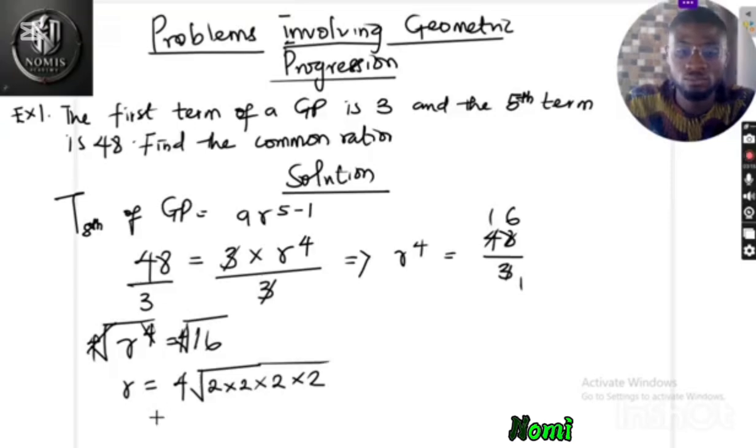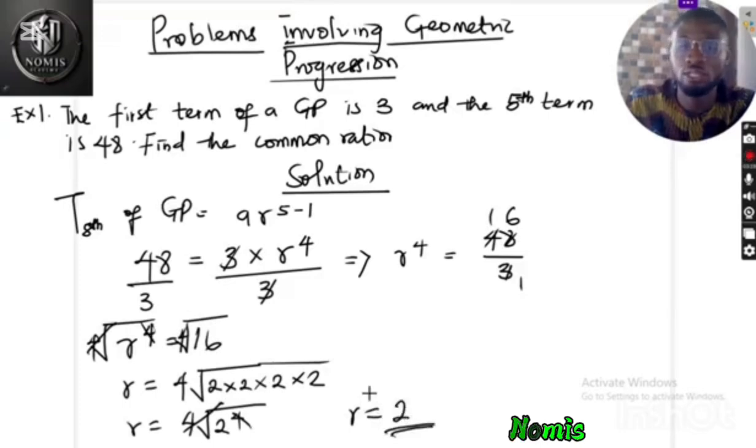So r is equal to the fourth root of 2 raised to the power of 4. So this cancels this. The value of r, the common ratio, is just 2. So the common ratio is 2. It's as simple as that.